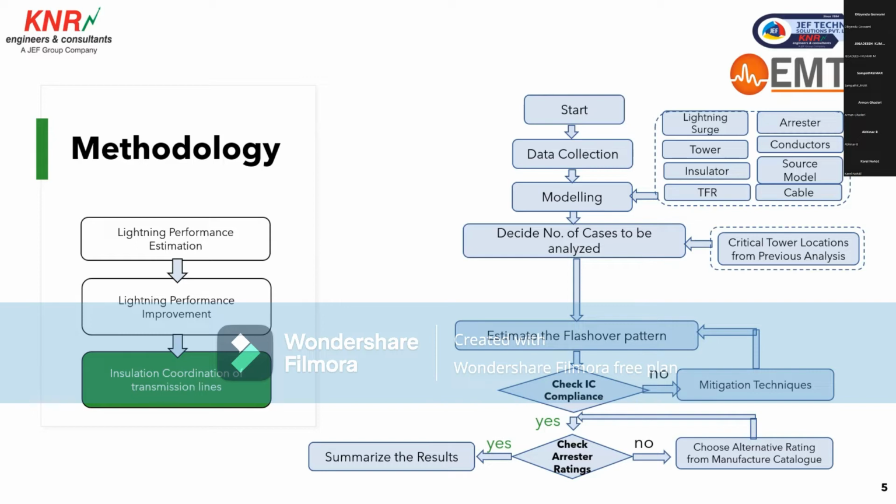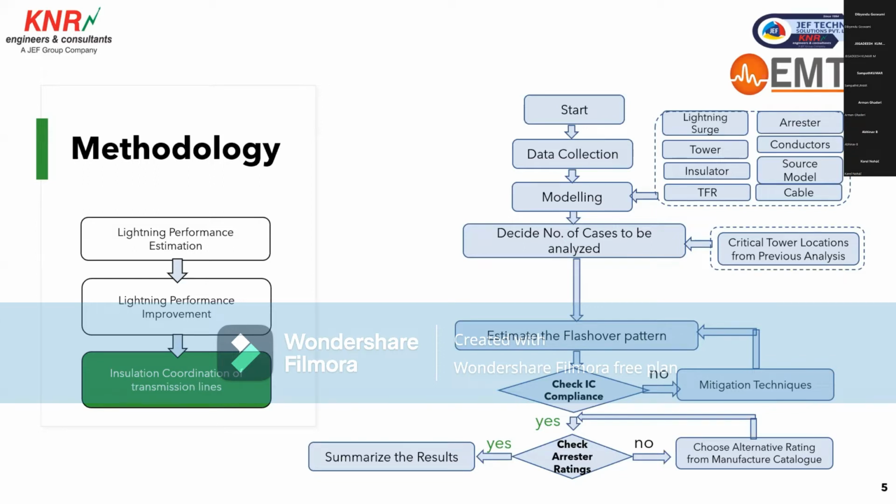And if compliance is met, then we'll go on to the next step. If not, again, we will make additional mitigation measures that we will discuss in forthcoming slides. Then if the compliance is met, next we go on to checking the arrestor rating, whether the selected arrestor can withstand the worst case condition that is probable.